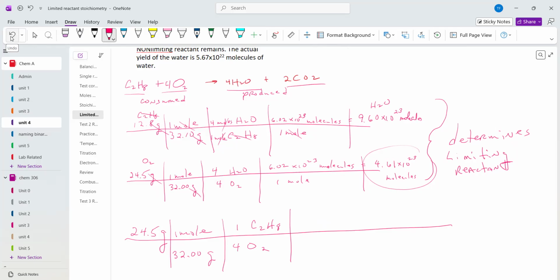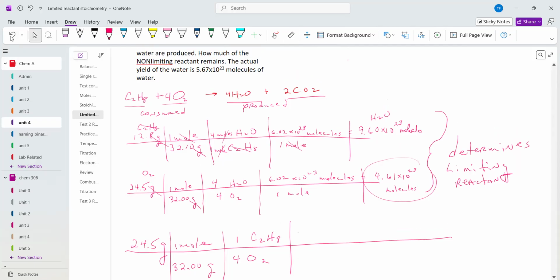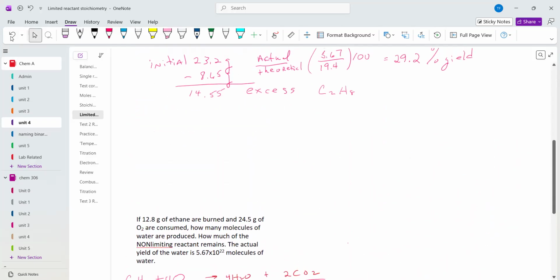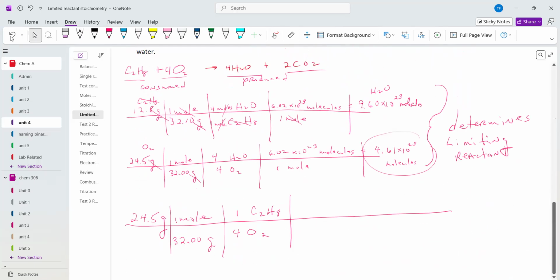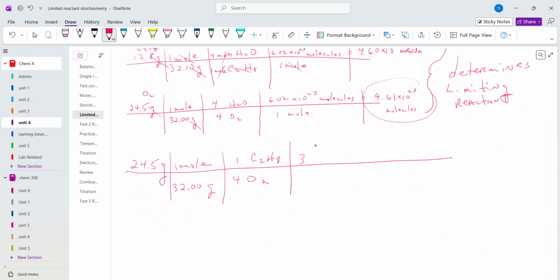Now here we're going to use the molar mass because we want grams here. And that's going to be 32.10.